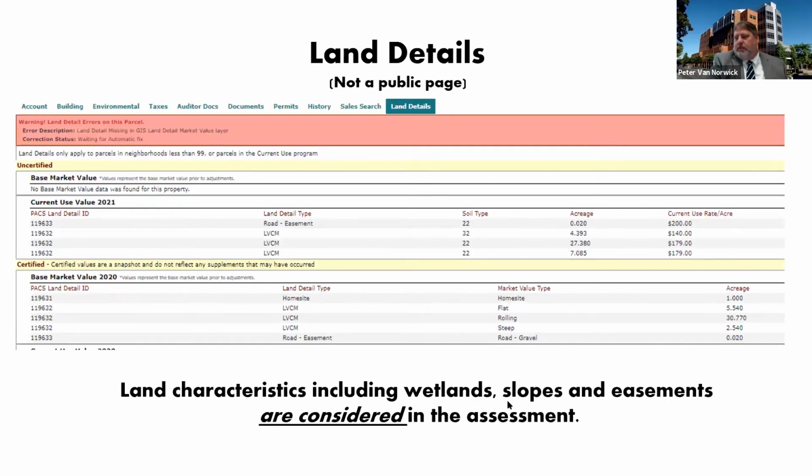This is not a public page, but I did want to show it because we get lots of calls from people saying, well, I have wetlands on my property, so are you taxing that? And this is basically our land detail page that we have behind it. I just pulled the property here, and you can see it has value for a home site, flat, rolling, steep, and gravel. And we do go through, and every assessment is based upon it.